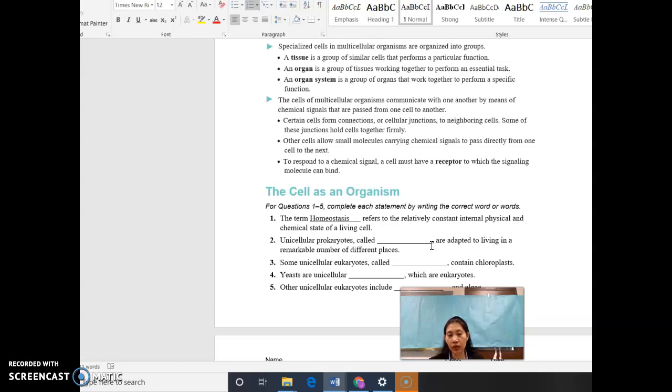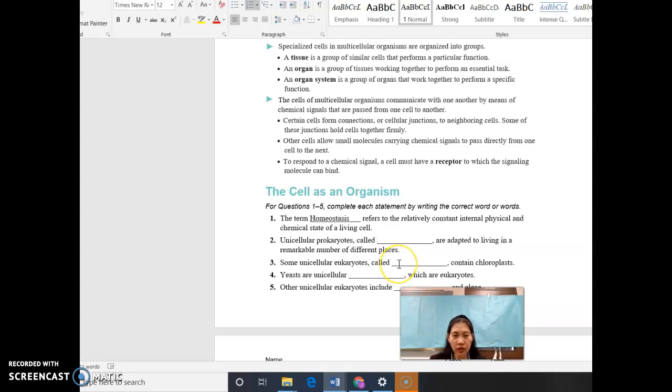And what are unicellular, by the way? Unicellular, it is composed of one cell. Uni means one, and cell. So one-celled prokaryotes. Okay, what are those examples? These are bacteria. Some other unicellular prokaryotes are those paramecium in our laboratory. Did that one last time.